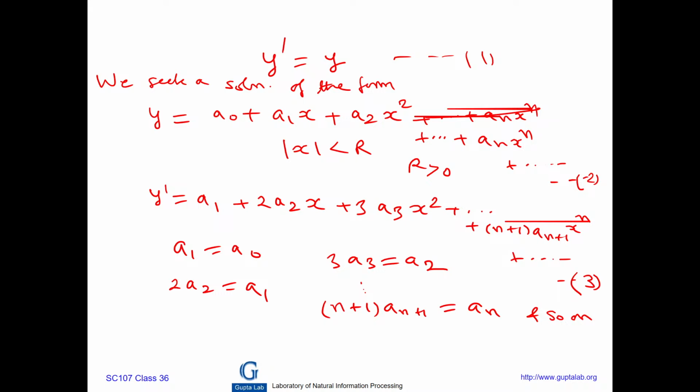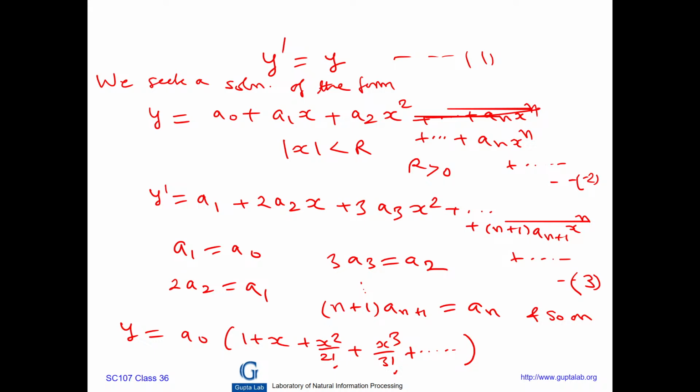So now we have y is equal to a0 times 1 plus x plus x square by factorial 2 plus x cube by factorial 3. Do you agree?